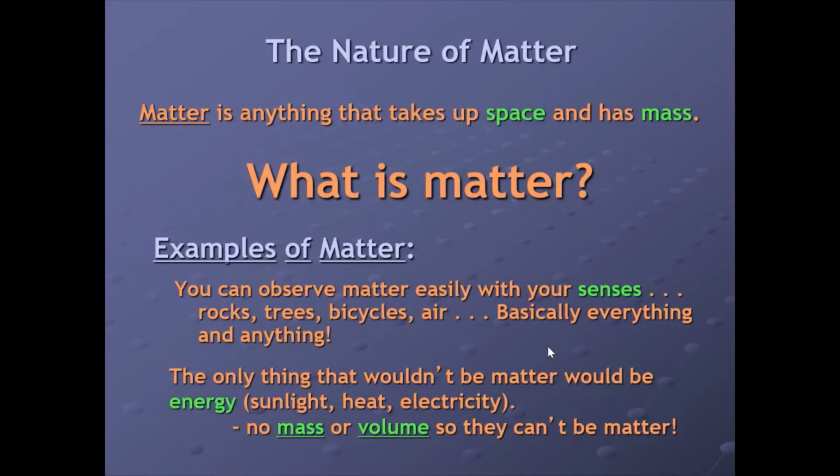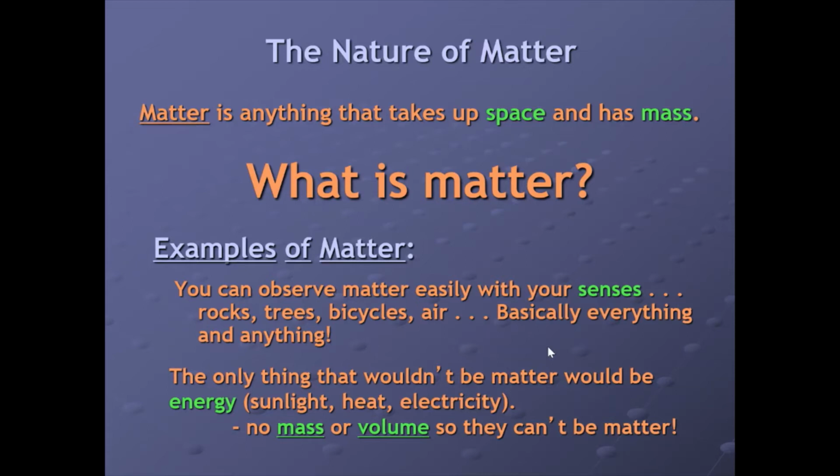We'll talk a little bit more about some examples in a second, but first a recap: what is matter, right? The nature of matter is anything that takes up space and has mass. Pretty much everything that you can think of is matter, with a few exceptions. You can observe matter easily with your senses.